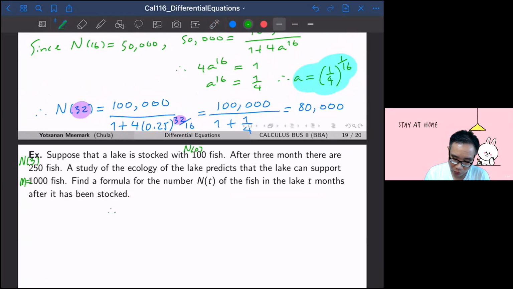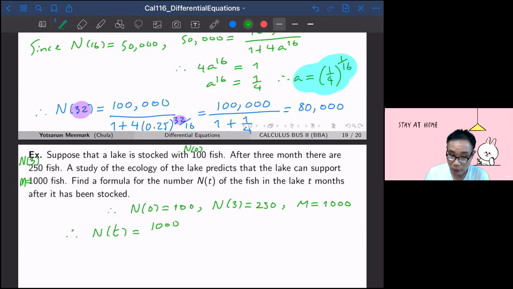So here you use N0 equal to 100, N3 equal to 250, and M equal to 1,000. So you have logistic growth N(t) equal to 1000 over 1 plus C a to the t.